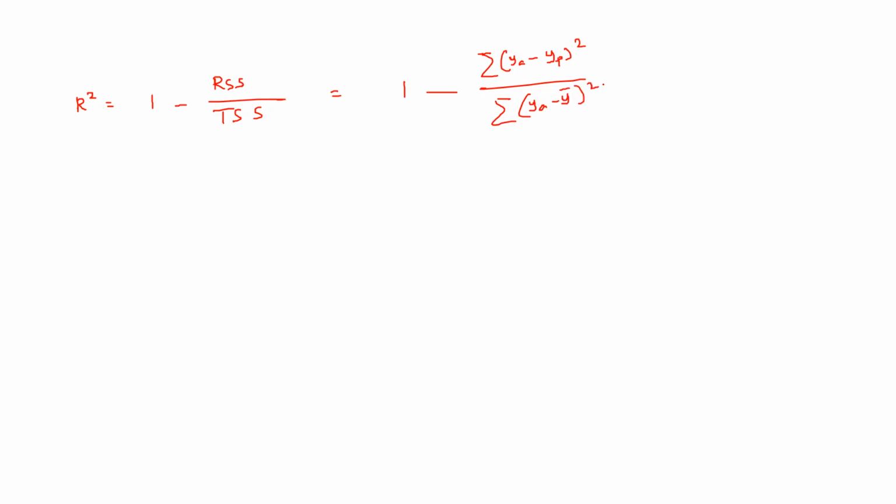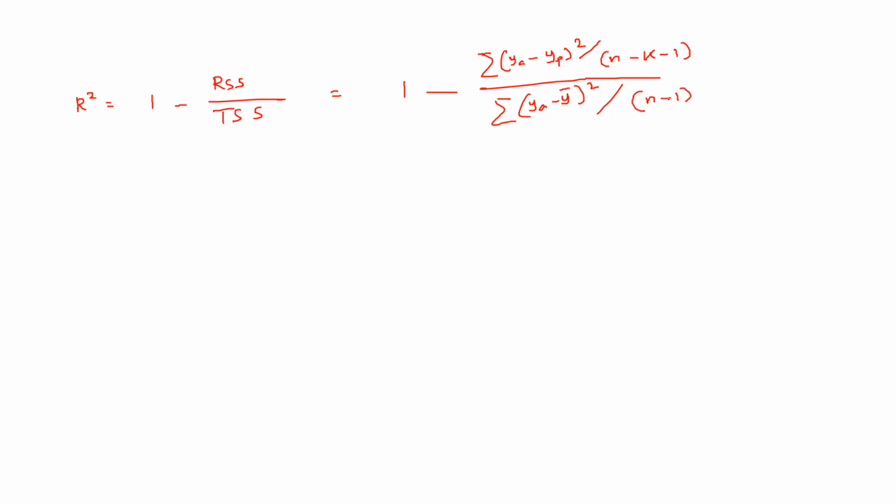But I will use a coefficient to penalize this particular equation that we have drawn. So how will I penalize it? I will divide this value by n minus k minus 1, where k is the number of independent variables, and divide this value by n minus 1.